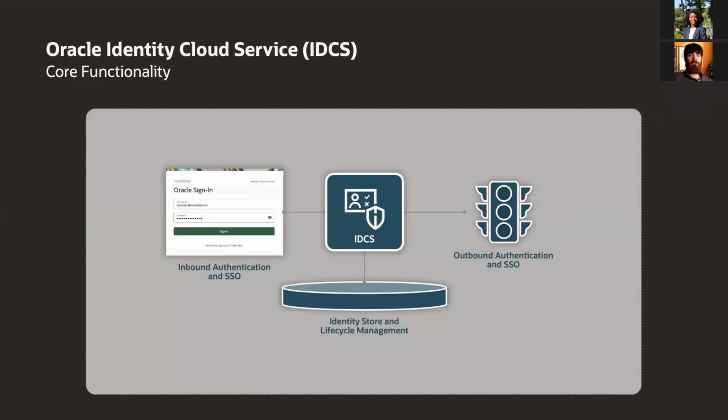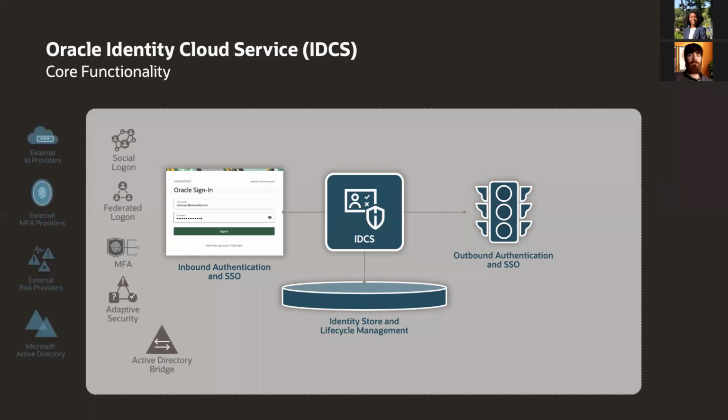So Oracle Identity Cloud Service, or IDCS, this is at a high level what the service provides, and it can roughly be broken down into these three buckets. First up, inbound authentication and SSO. So how does a user get authenticated, or how do they even sign in, right?